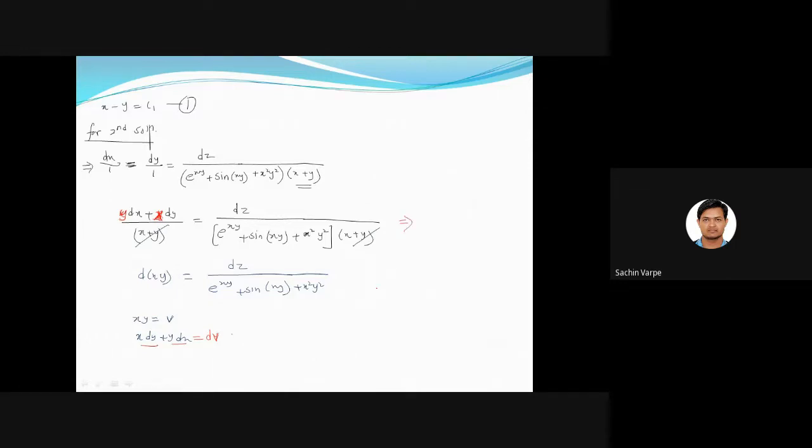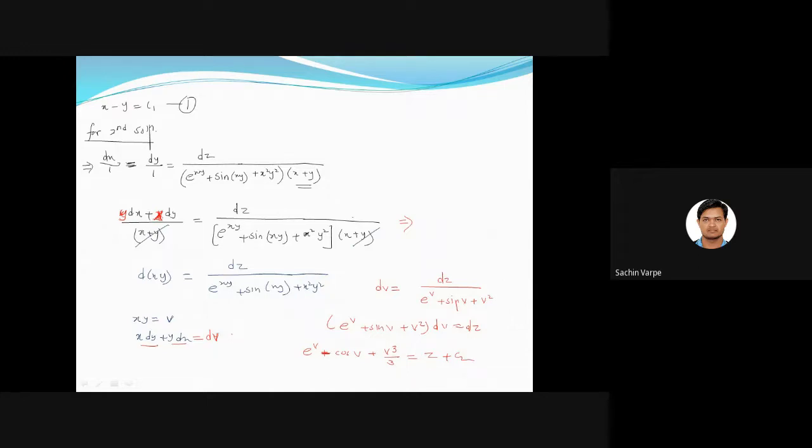Therefore, this will give dv equals dz upon e to the power v plus sine v plus v square. So that we will get its variable separable form. That is, (e to the power v plus sine v plus v square) dv is equal to dz, and that is variable separable form. So when I integrate, what will be the integration? e to the power v plus integration of sine is minus cos v plus v cube by 3 is equal to z plus c2, as integration of dz.